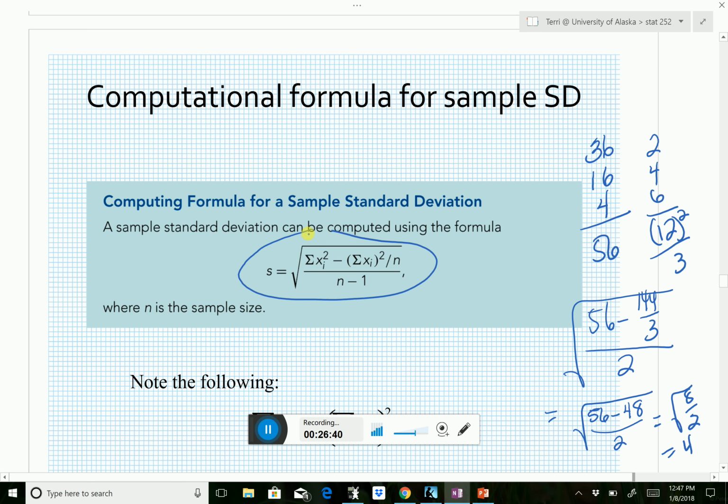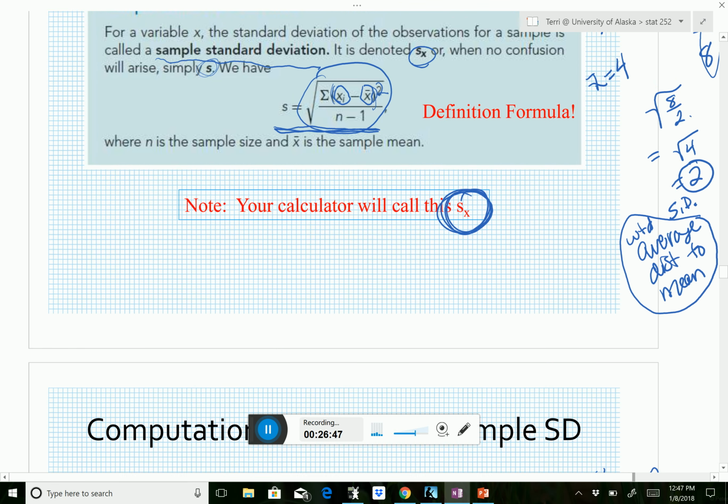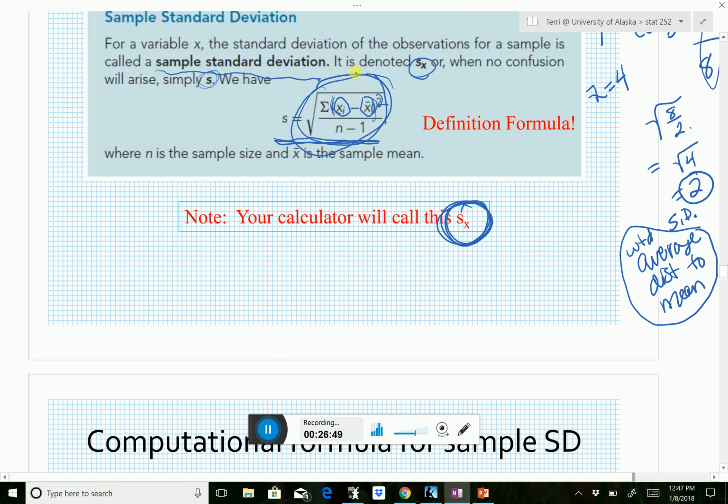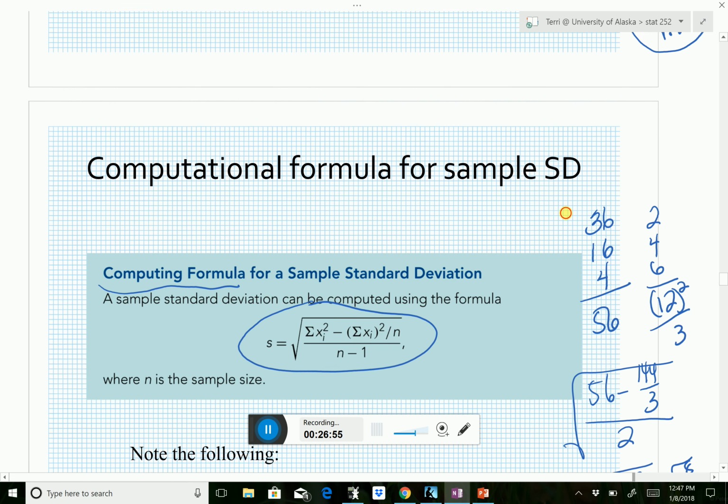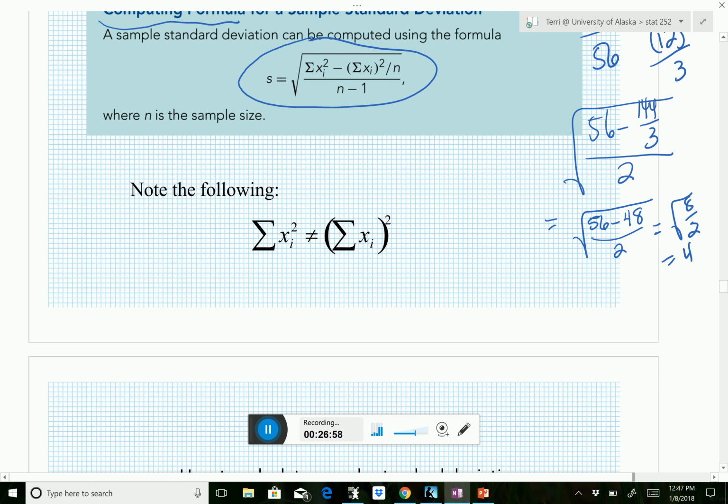Mathematically, this is exactly the same as the previous one. The reason I show you this is it's an easier computing formula. However, the other one tells us what a standard deviation is by using the definition. Okay, and I want to make sure you understand that these two things are not the same thing. Remember order of operations.